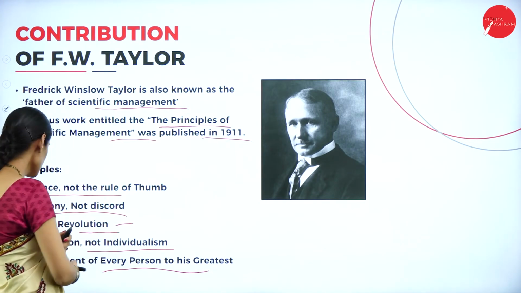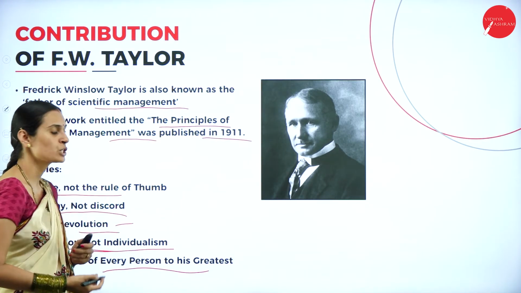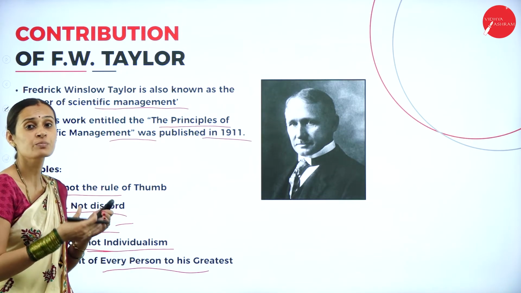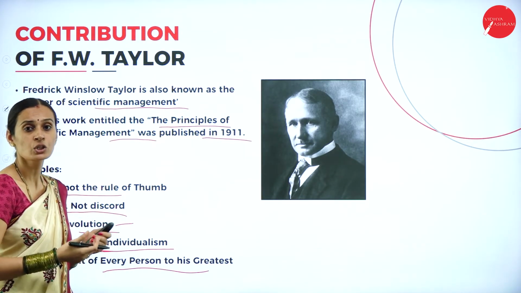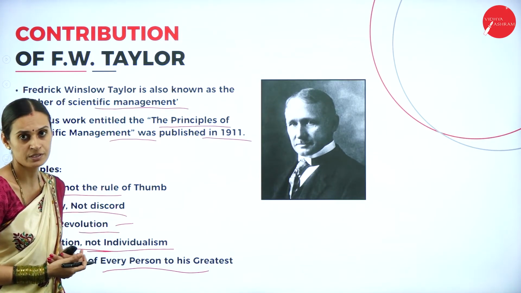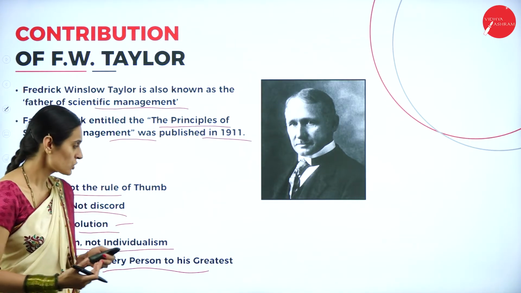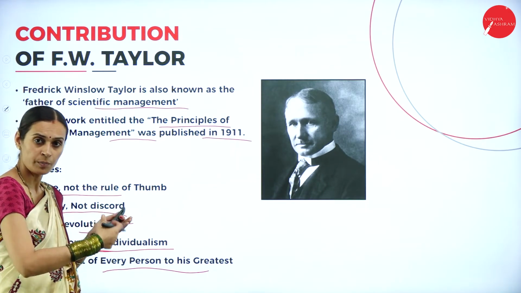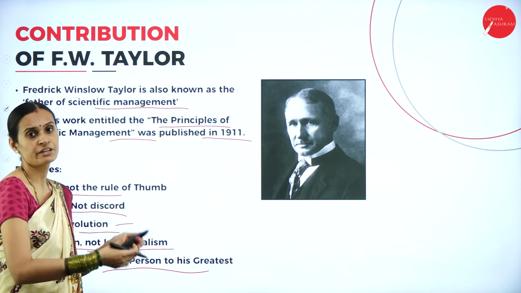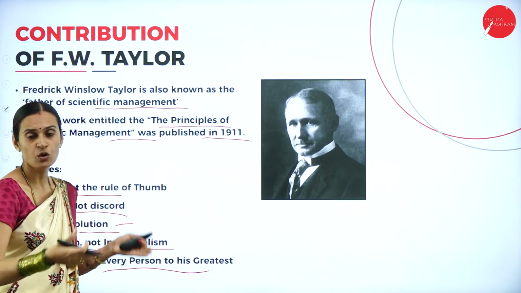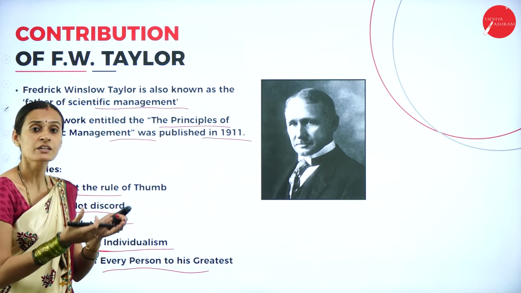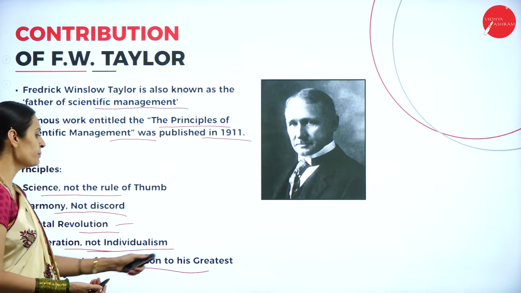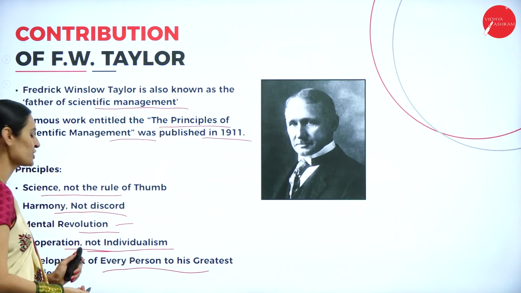And the next one, cooperation, not individualism. Cooperation means maintaining good relationships among the different workers, not individual display. As we discussed with mental revolution and harmony, it is about cooperative relationships among workers, which helps maintain peace in the organization and its functioning in a good manner. And the last one, development of every person to his greatest efficiency.